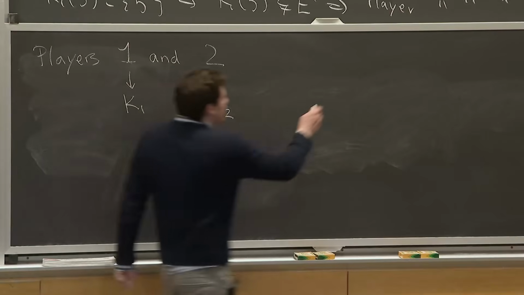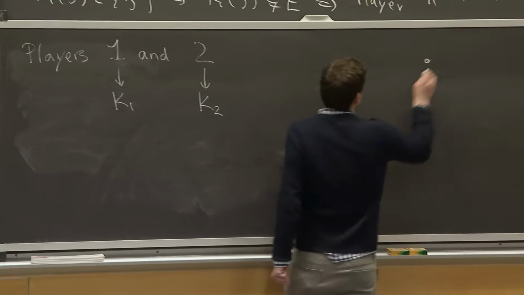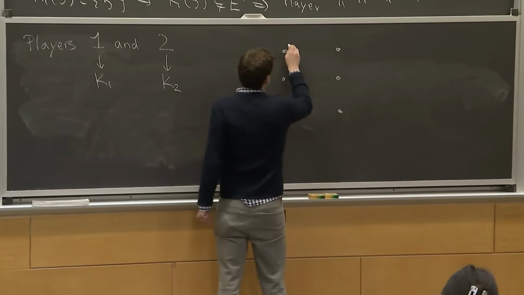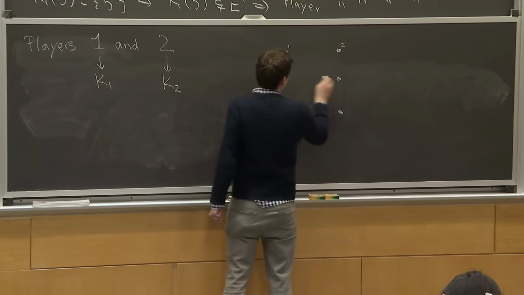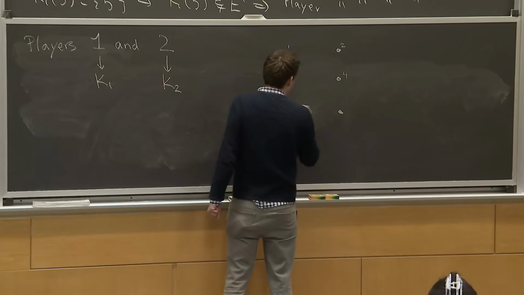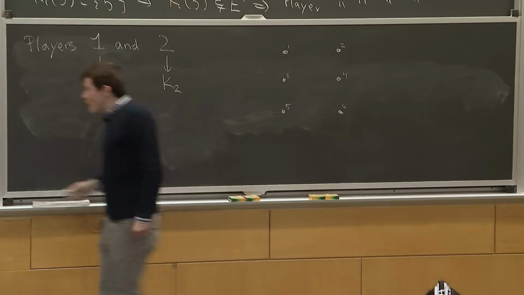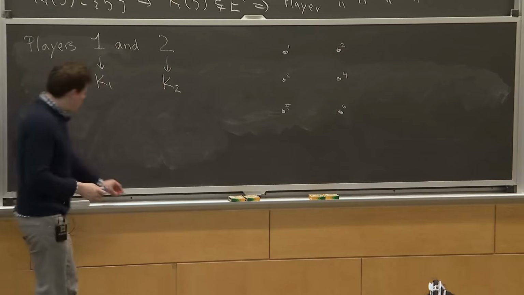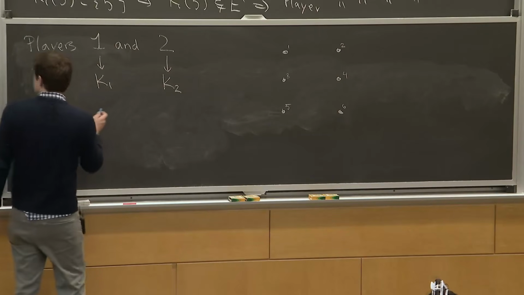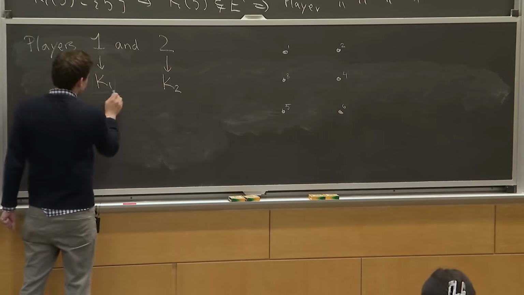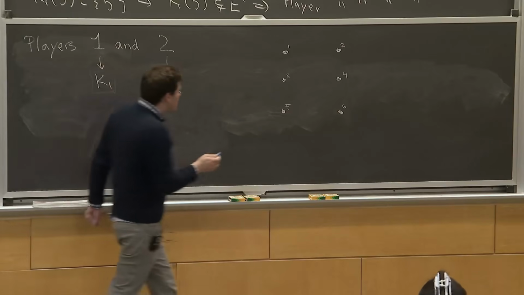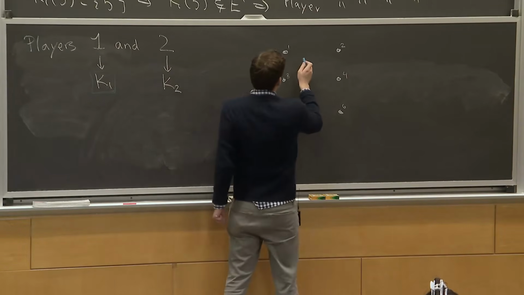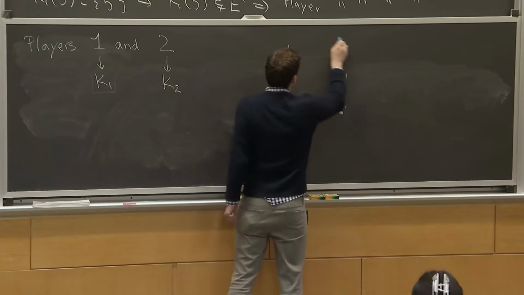And let's represent the state as we did before. So this is state 1, 2, 3, 4, 5, 6. And I think it's easier now if we use colors. So let's put player 1's information partition in blue. And let's say that player 1's information partition looks like this.